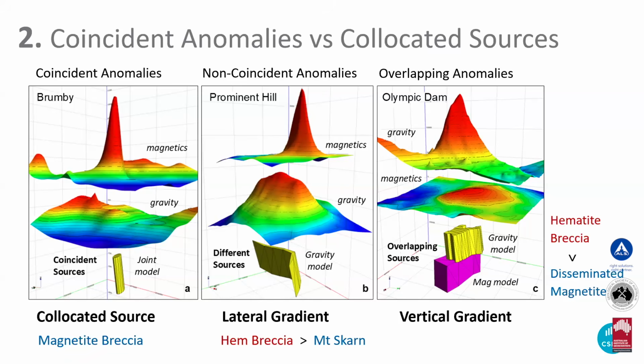If you go to Olympic Dam, this is a very Mickey Mouse model from a long time ago, but what it shows is the gravity model, where hematite breccia in the near surface is causing that huge gravity anomaly, whereas the magnetic anomaly is being modelled due to a magnetite-rich source at much greater depth. So even though these anomalies are sort of coincident, they're not really coincident with the same bodies. They're overlapping.